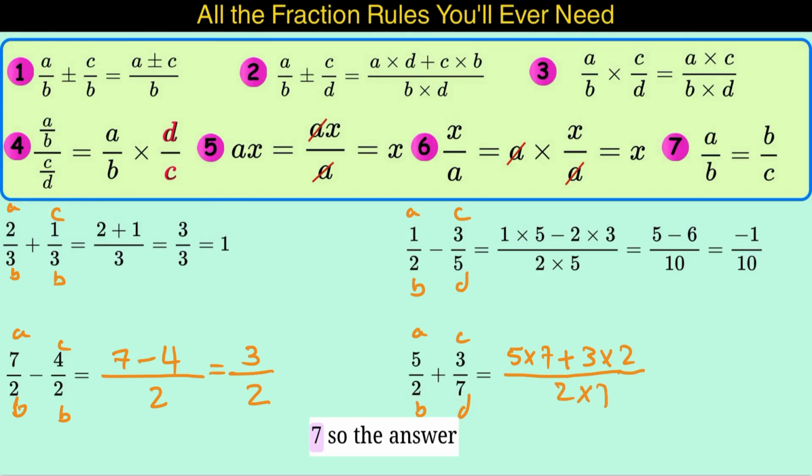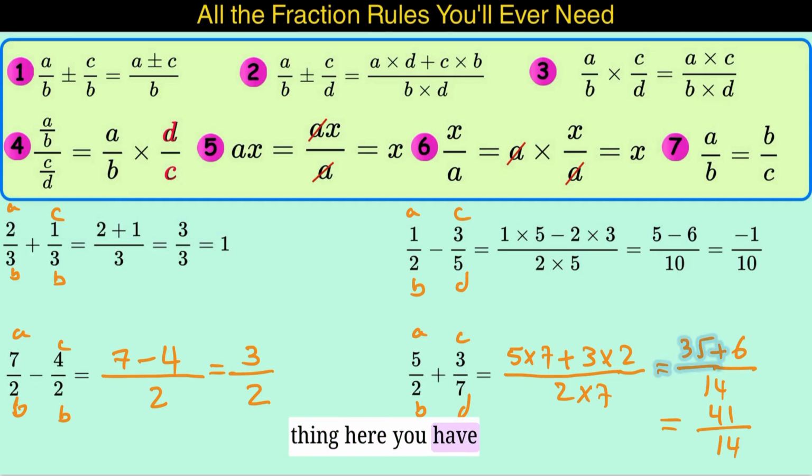So the answer will be 5 times 7 is 35, plus 6, over 2 times 7 is 14. So here, 35 plus 6 has given me 41 over 14.